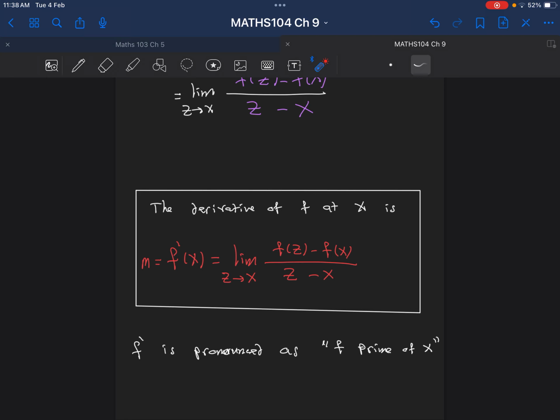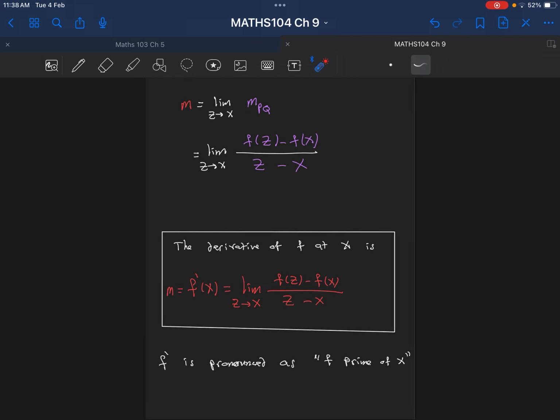So what we have learned is the derivative is the slope of the tangent line. How do we find the derivative as a limit? This is the formula. The derivative is pronounced as f prime of x.